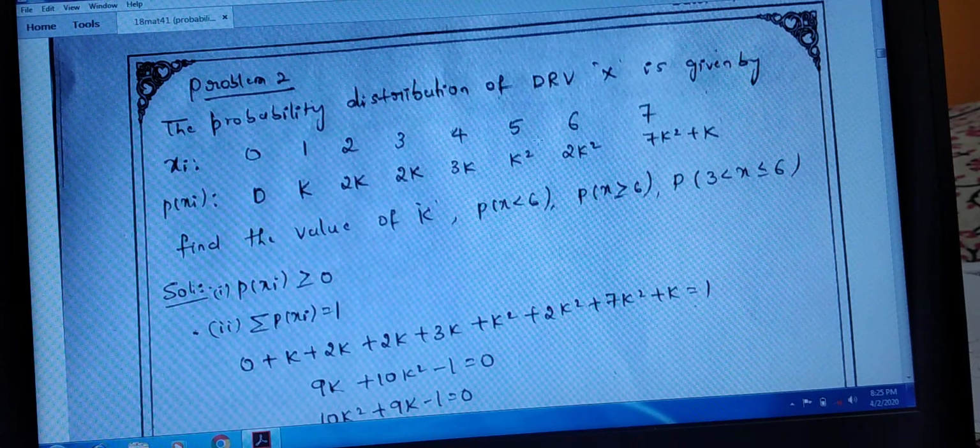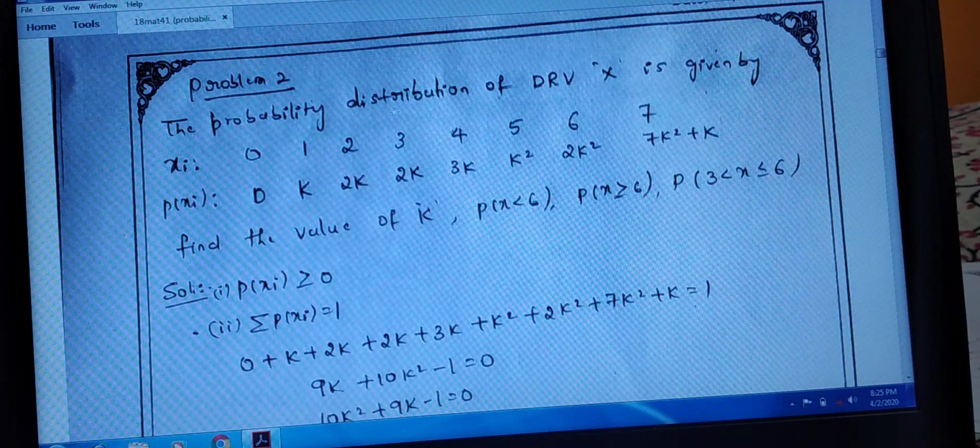Here we have the second problem: the probability distribution of a discrete random variable x is given by xi values 0, 1, 2, 3, 4, 5, 6 and 7, and p of xi values 0, k, 2k, 2k, 3k, k square, 2k square, 7k square plus k.